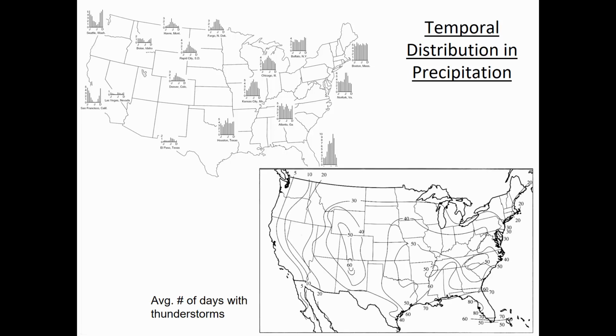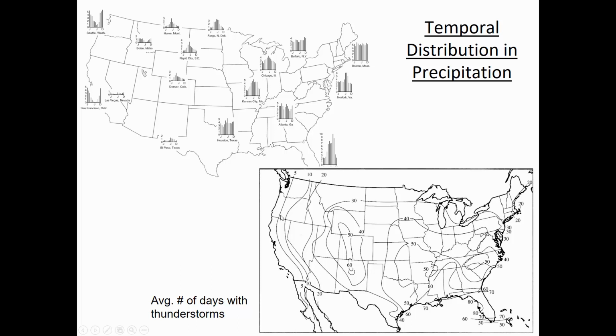And this next figure is the number of days per year that have thunderstorms. Along the coastal parts of the western United States, it's 5 days or less of thunderstorms. Thunderstorms are really uncommon because the weather patterns or the physical geography aren't there to have a rapid lifting of the moisture. Now, they may have plenty of rain.